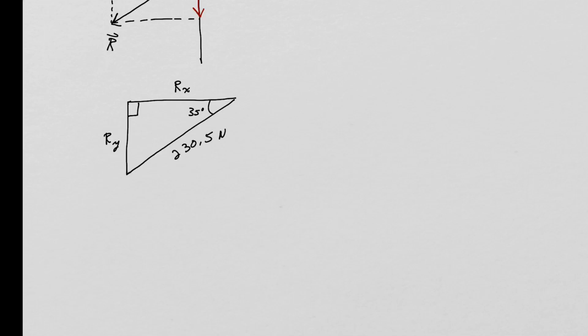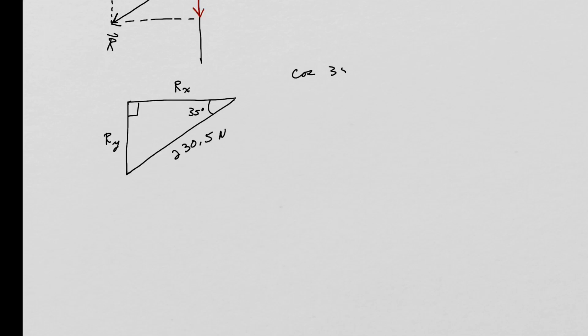Well, how does it relate to the angle? It's adjacent. Rx is next to the 35 degrees, and the 230.5 is the hypotenuse. So what trig function relates adjacent and hypotenuse? That's cosine. And if you always use the reference angle, to find the x component, you're always going to use cosine. To find the y, you're always going to use sine. Okay, so that's something you'll find after doing this a few times, and then you could save a little time by knowing that.